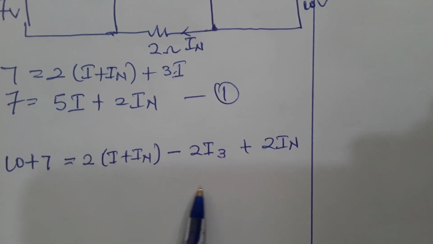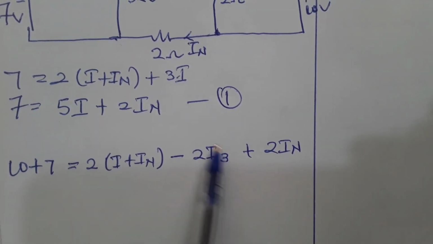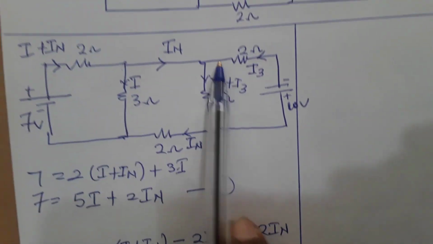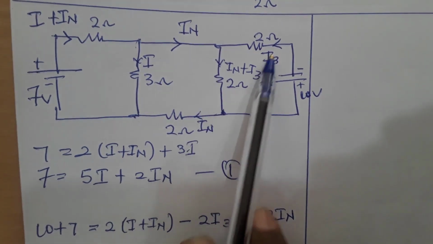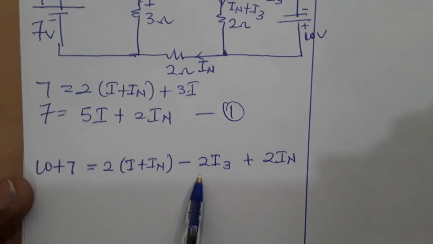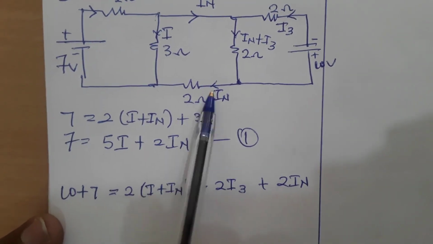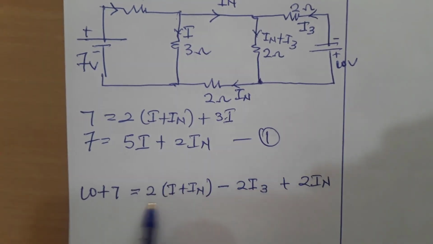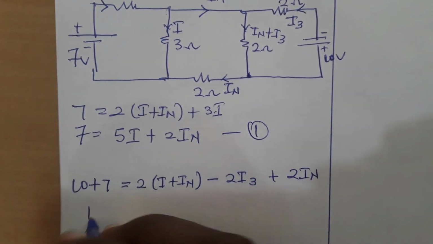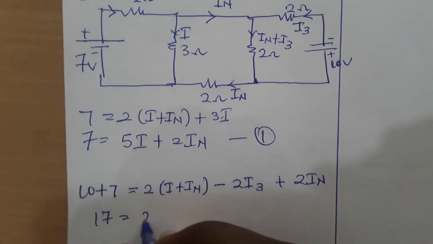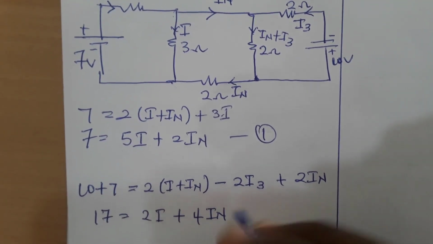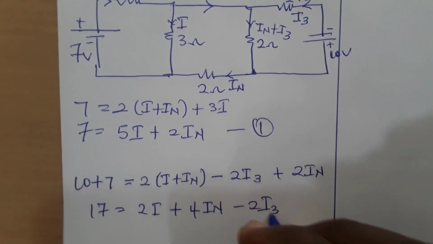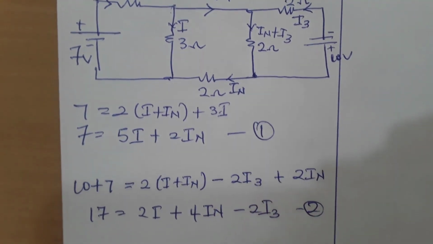Why is this negative? Because looking at this direction, we are going clockwise and this is countering our direction. So this will be minus 2I3 when we add this voltage drop over here. Simplifying this, we have 17 equals 2I plus 4IN minus 2I3. Let's say this is equation 2.